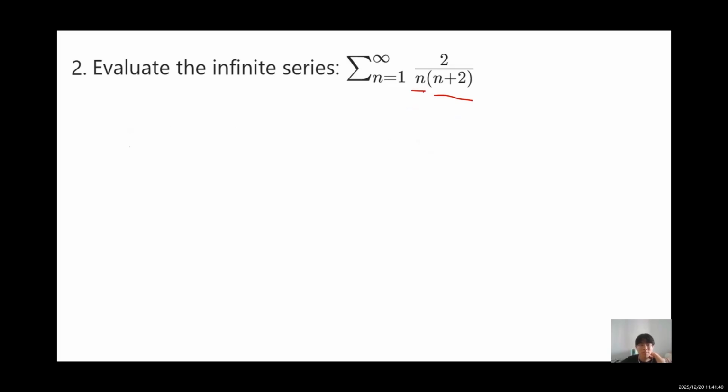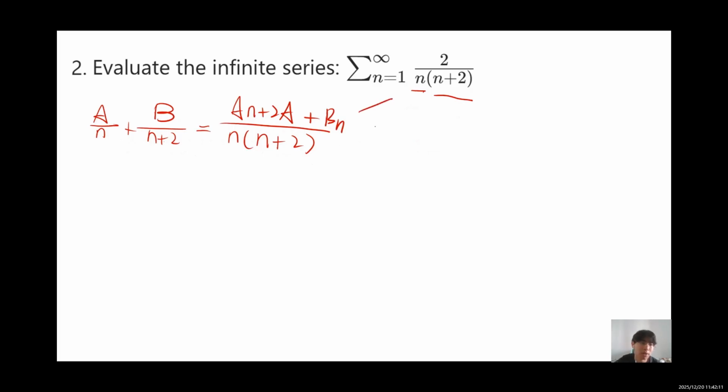So let's do what we have done before. n a over n plus 2 over b. Okay, and get it back to the original form, which is an plus 2a plus bn.